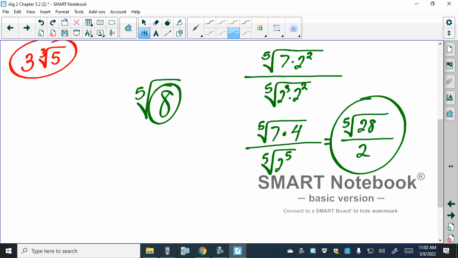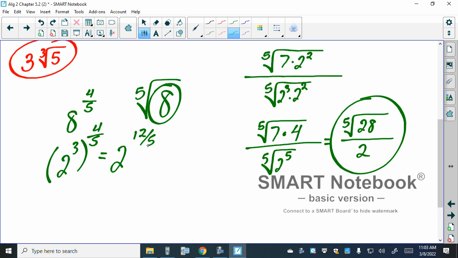Because if I did that, 8 to the fourth, well, this is 2 cubed to the 4 fifths, which would be 12 fifths. 12 fifths is the same as what? 2 and 2 fifths, yes?